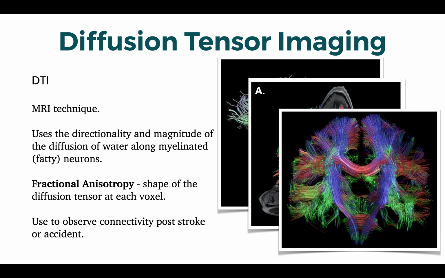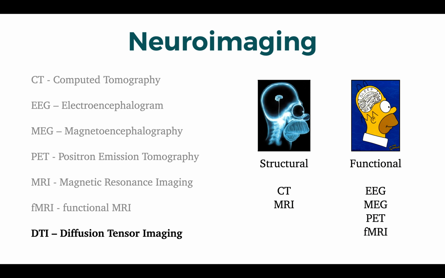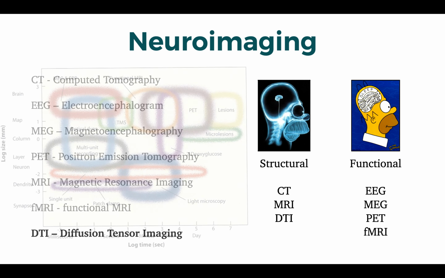So, connectivity in the brain, very important. That was our DTI, mainly a structural technique. You're looking for which way neural tracts are going, so there's not a whole lot of function being sought out with diffusion tensor imaging.